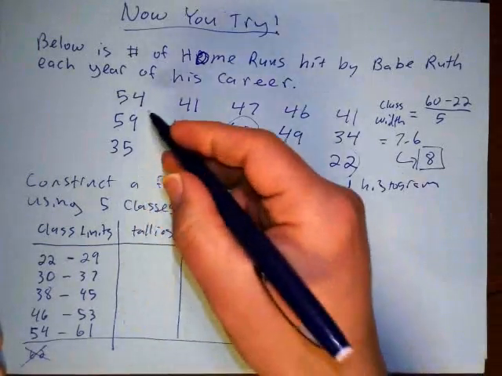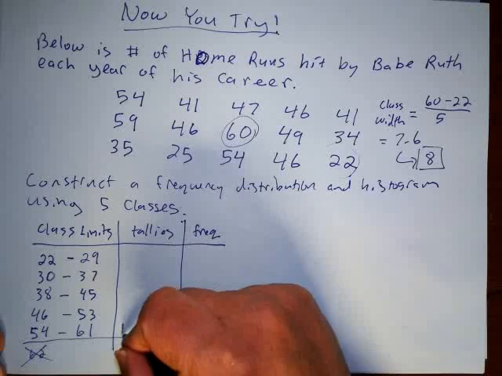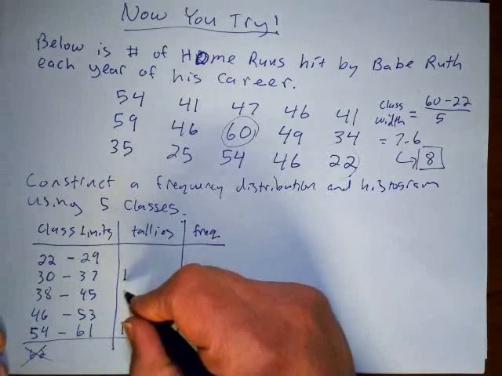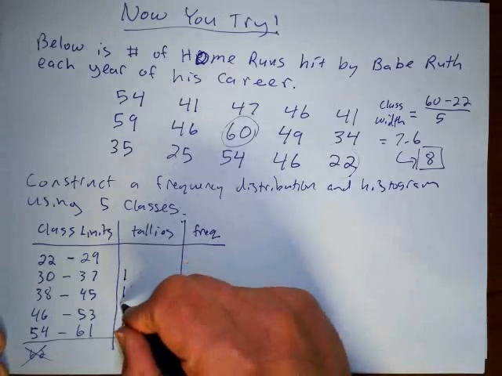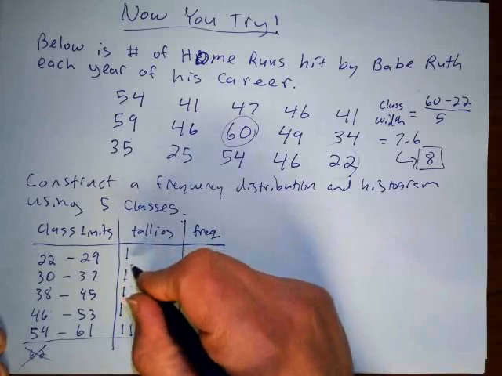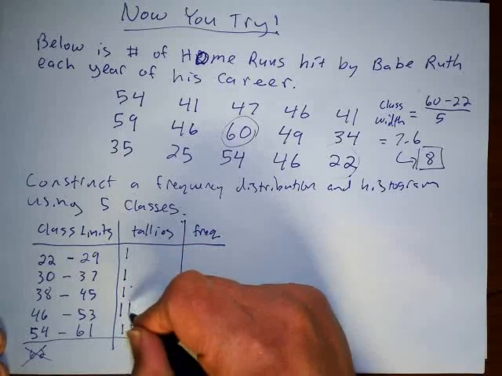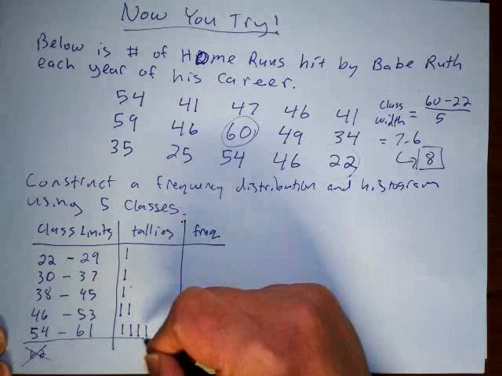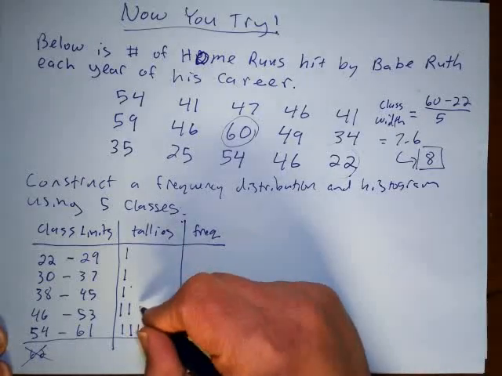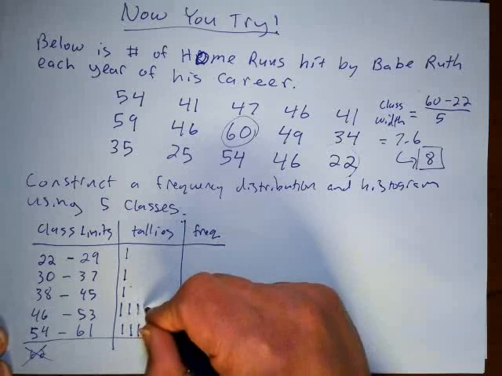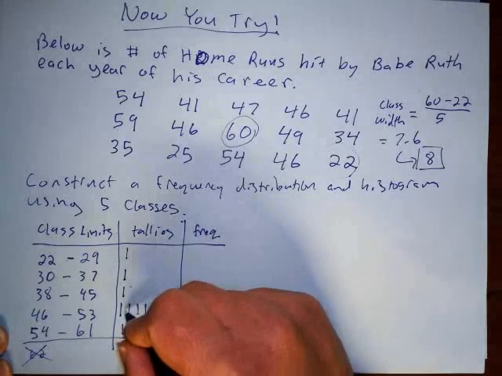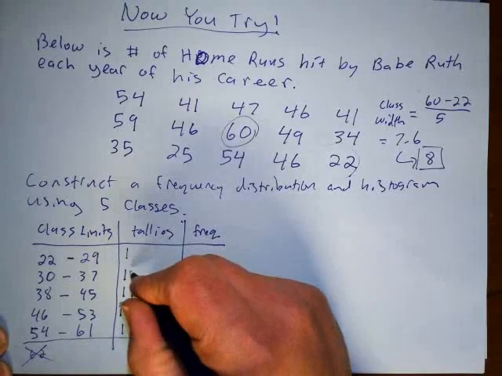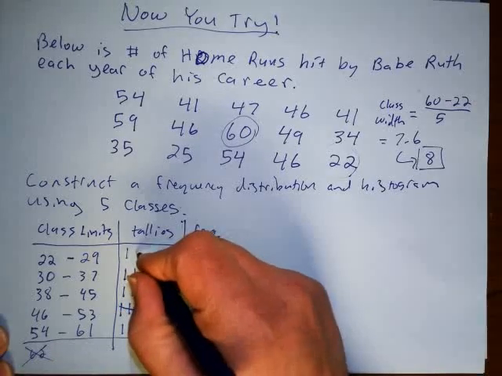So now I need the tallies. So 54 would belong in this one. 59 is in that one. 35 here. 41. 46. 25. 47, 60, 54, 46, 49, and 46, 41, 34, and 22.